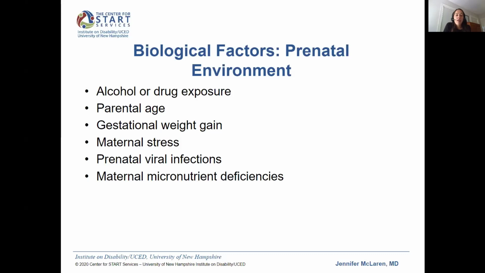Other factors, such as parental age, both maternal and paternal, can predispose individuals to certain mental health conditions, as well as low gestational weight gain. Maternal stress during pregnancy, prenatal viral infections, and even maternal micronutrient deficiencies before and during the pregnancy can also predispose to mental health conditions.